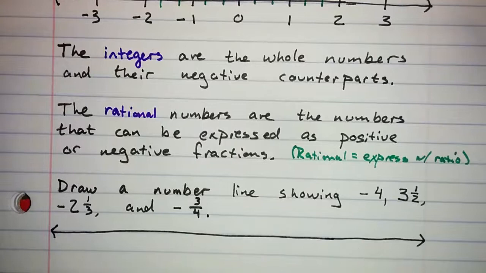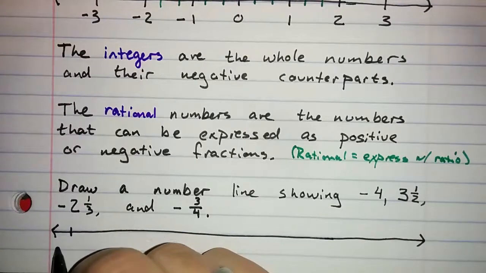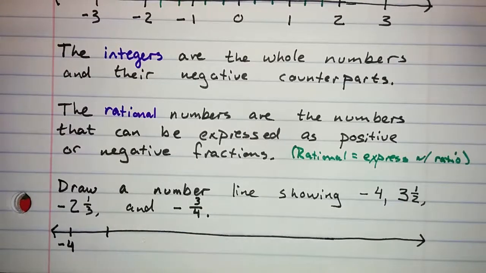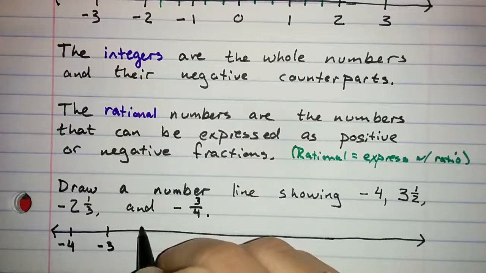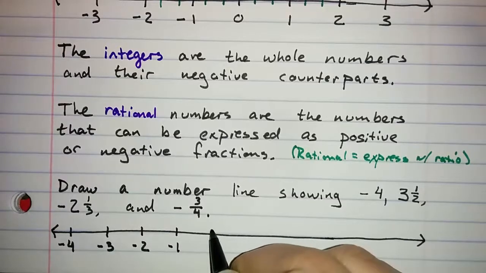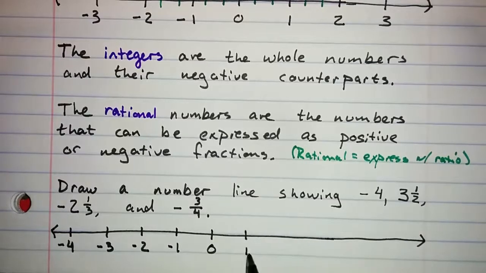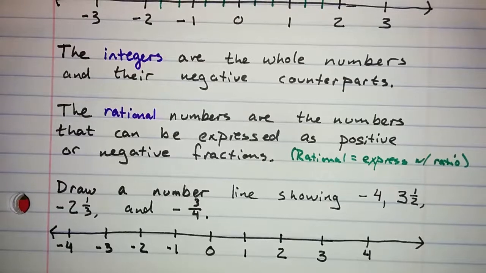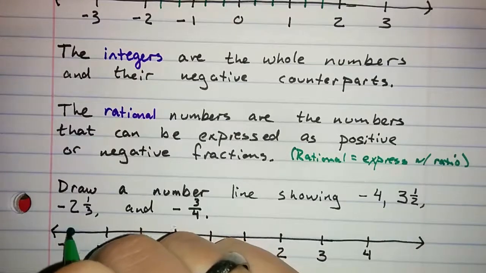It looks like the farthest to the left I'm likely to need to go is my -4. Just to the right of -4 is going to be -3, -2, -1, then 0, 1, 2, 3, 4. So -4, that's right here.